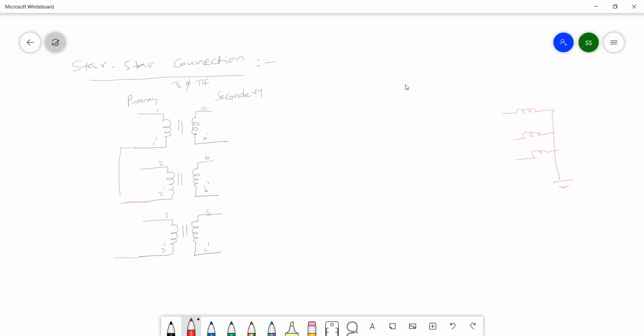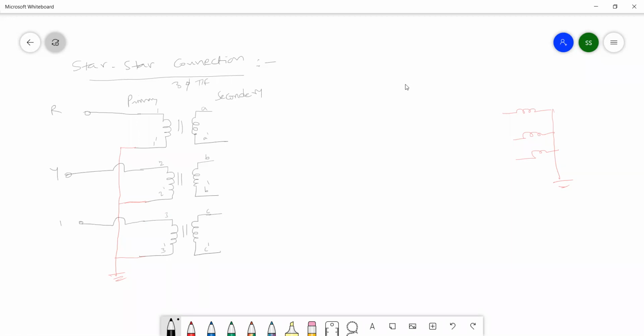Yes, sir. Right. Now here I am taking them joined together to our neutral point. Now the remaining terminals we can drag them out for our supply R, Y, B. This symbol indicates we are not touching that secondary coil wire.